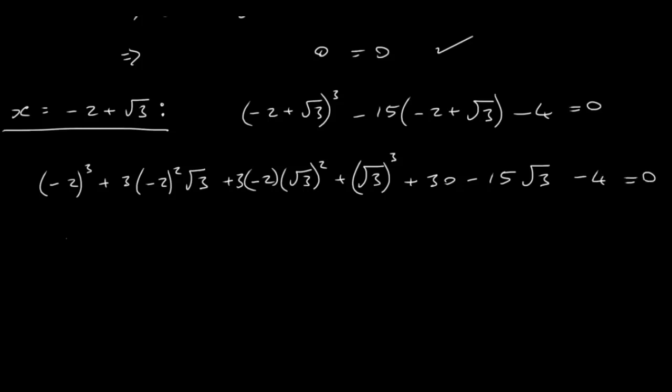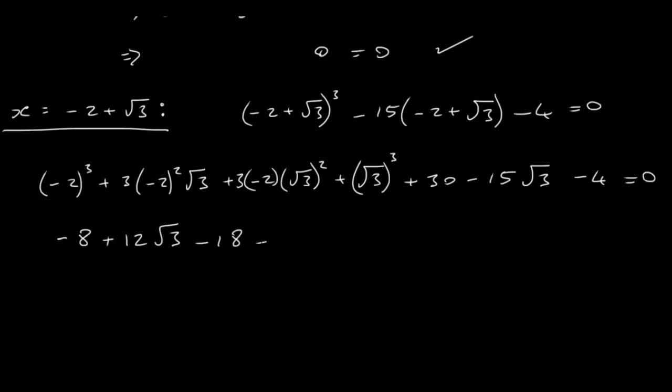Minus 2 cubed, that's going to be minus 8. Here we have plus 3 times 4, that's 12 root 3. Over here we've got root 3 squared, which is 3, 3 times minus 2 is minus 6, times 3 is minus 18, so that's going to be minus 18.